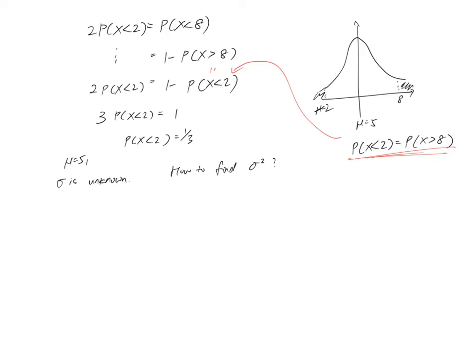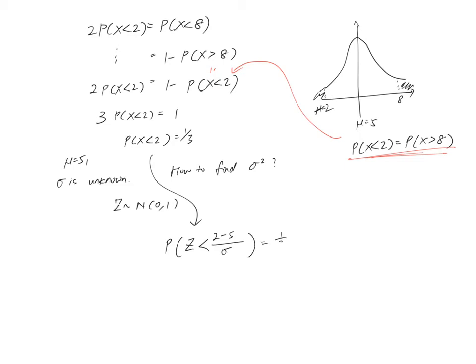Go to the lecture notes. Basically, we need to do standardization. We standardize the variable, changing it into the standard normal variable Z, which follows a normal distribution of 0, 1. How do we do that? We change it to Z less than (2 minus 5) divided by sigma, where we subtract mu, which is 5, and divide by sigma.